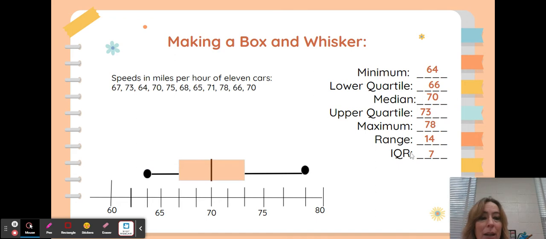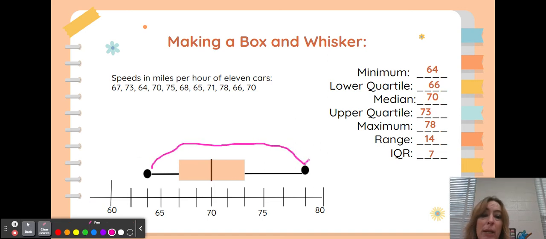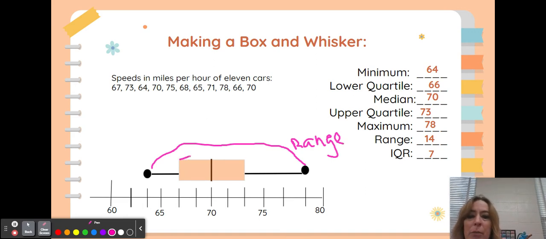So if I go here, I can see that I took the greatest amount, which is 78, the lowest amount, which is 64, and I can see from this point here to this point here is the range. This is range. Okay. And then I can also see from this point to this point, that's the IQR.